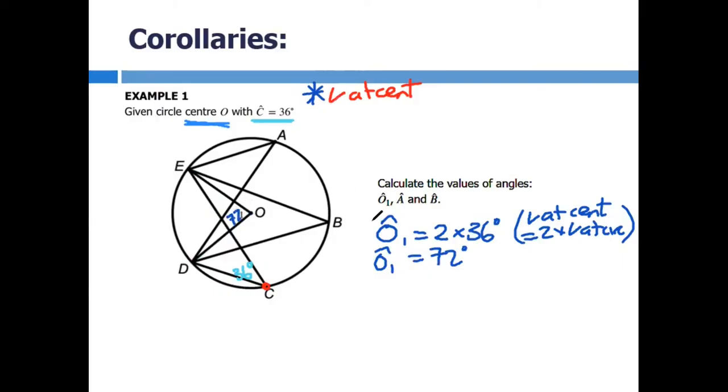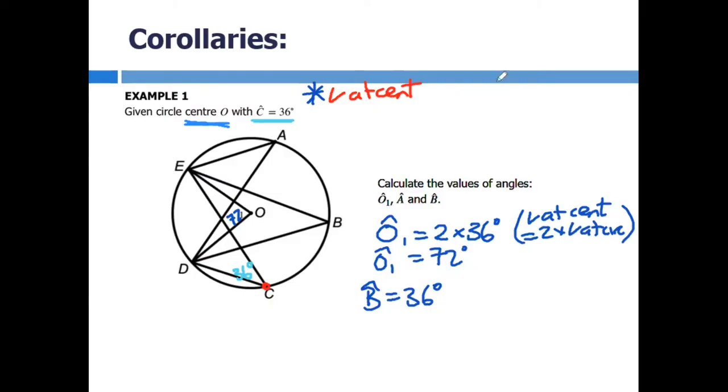Okay, then they wanted angle A and angle B. So I've already had somebody saying that angle B is going to be equal to 36 degrees. There's 2 reasons we can use there. We can either use the angle at center theorem again, or I'm going to highlight the bow tie, and I'm specifically highlighting the bow tie. Why?